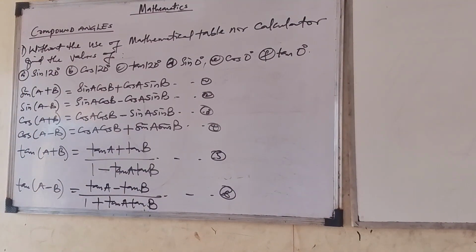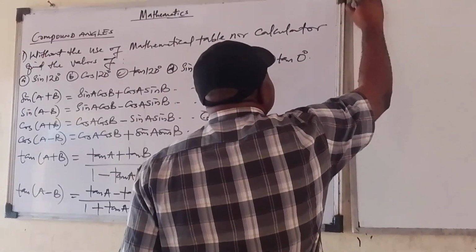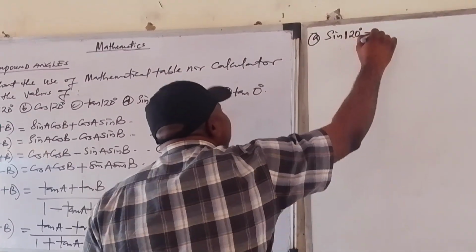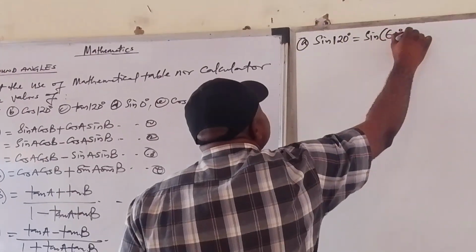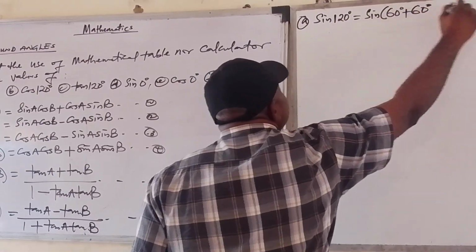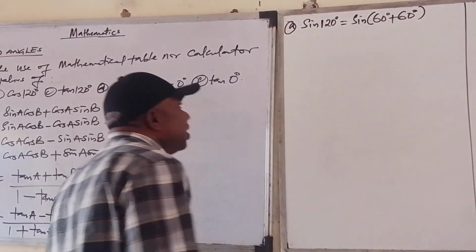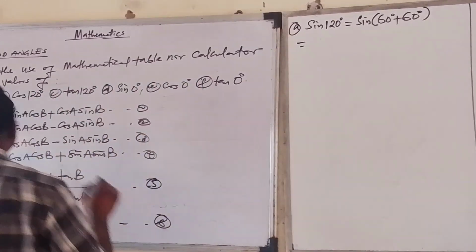Now let's look at the first one. A, we have sine 120 degrees. Now this is the same as saying sine of 60 degrees plus another 60 degrees.